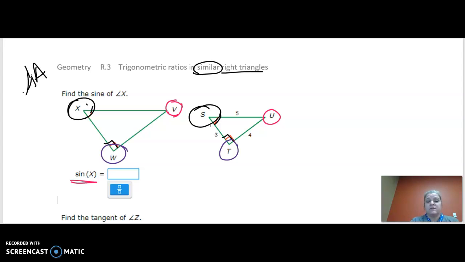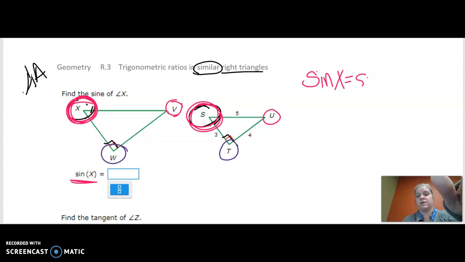If it's asking for sine X, here's X, what's corresponding to X? S. So if I'm looking for sine X, I could also just find sine S. Sine X is the same thing as sine S, and sine is opposite over hypotenuse.